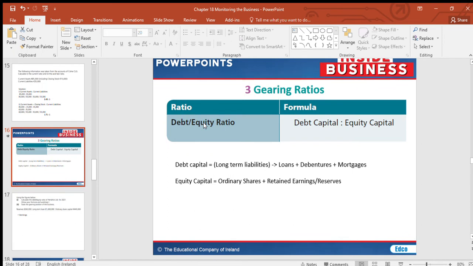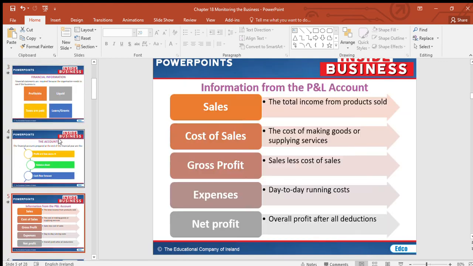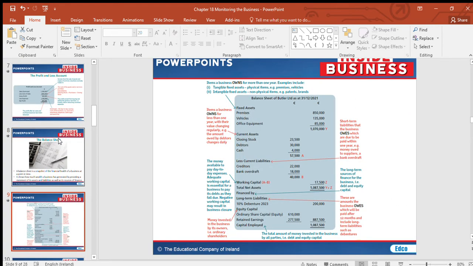Gearing is looking to see how much of the company is financed by debt and how much is financed by equity. Equity being shares and profits in previous years. So what is debt? Debt is long-term liabilities, which you would have seen here in the balance sheet down here.